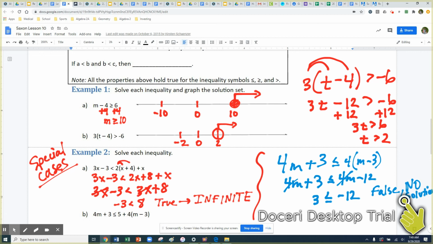I'll leave this up here if you need it anymore. We have to insert that row. Do it that way.